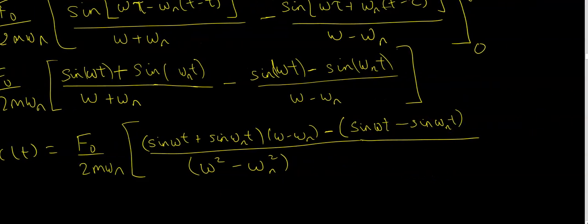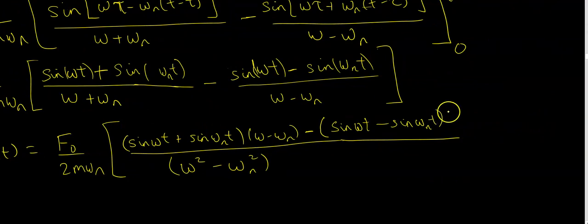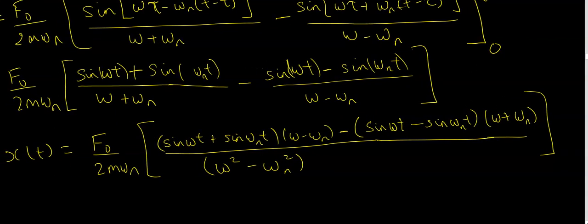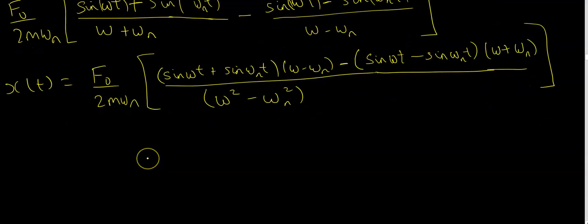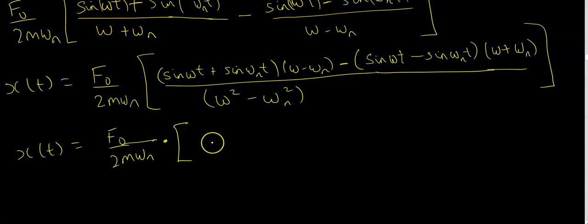I need a little bit of space again, so what I'll do is I'll just recognize that this should be omega plus omega n, and this is really the expression for x(t). And you can see how it simplifies quite easily if you do the algebra. It becomes f naught on 2m omega n, multiplied by, and I'll put omega squared minus omega n squared here.